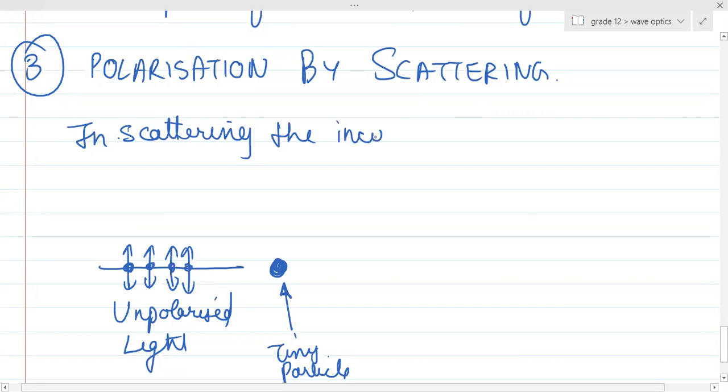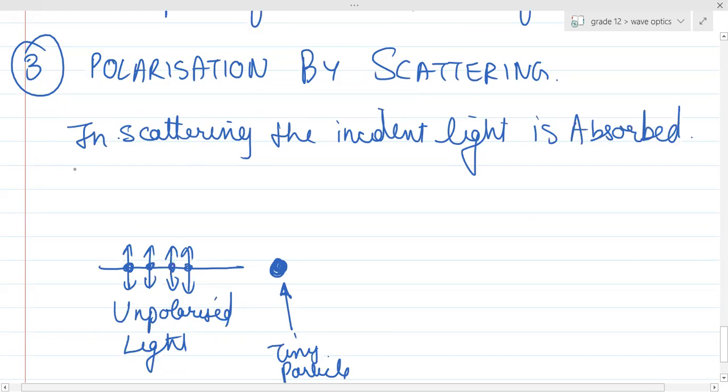the incident light is absorbed and then re-radiated. What do you mean by re-radiated? मतलब मैंने क्या किया? Absorb किया and then I emitted it out again, right?